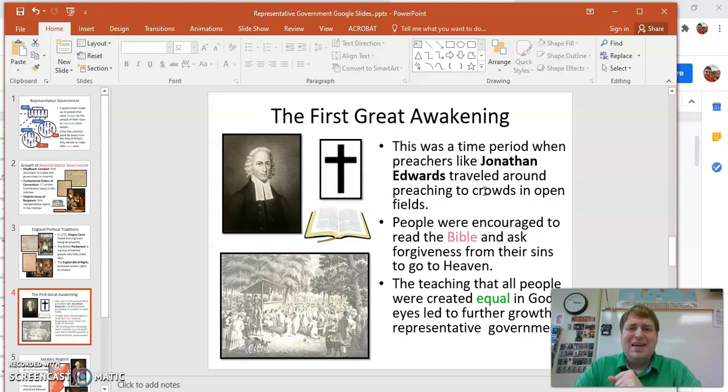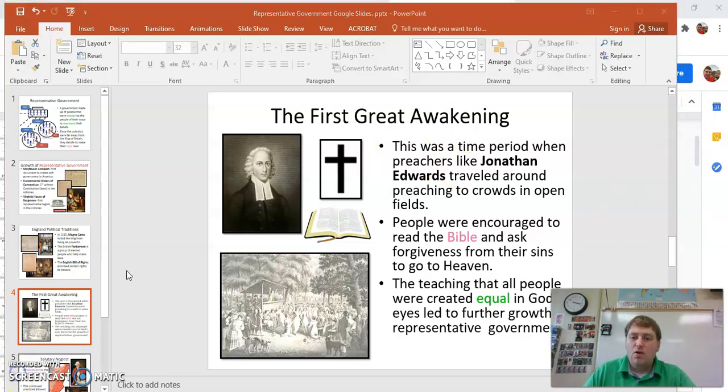But the biggest thing that he did was he said that in God's eyes, all men are equal. It doesn't matter how much money you make, how much property you own, how big your house is, how many friends you got. When it comes to God, you're all equal in his eyes. So we're pretty much done with that.